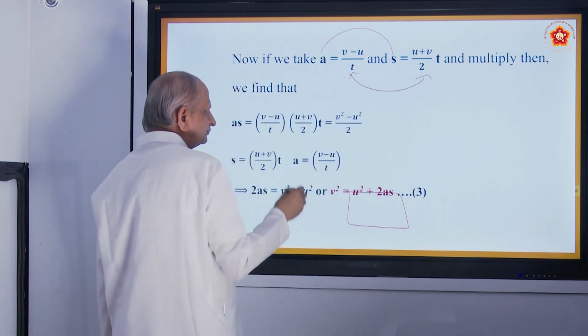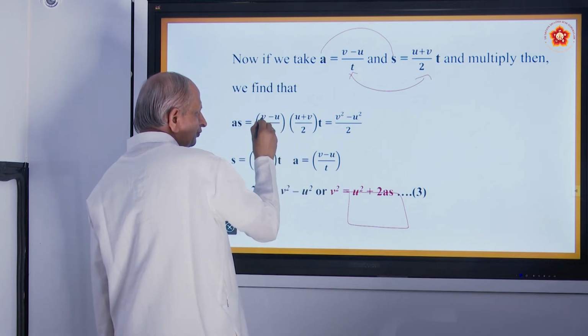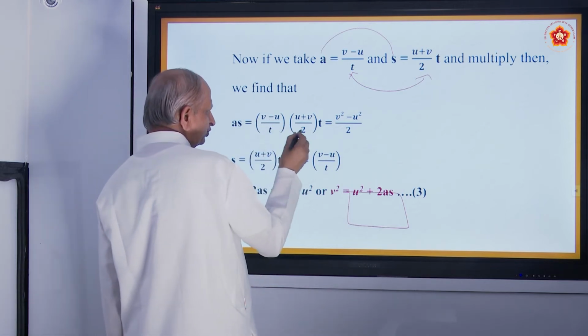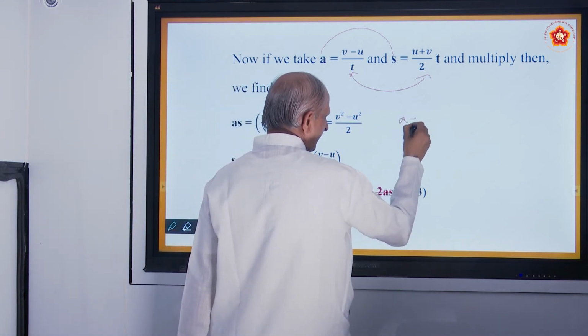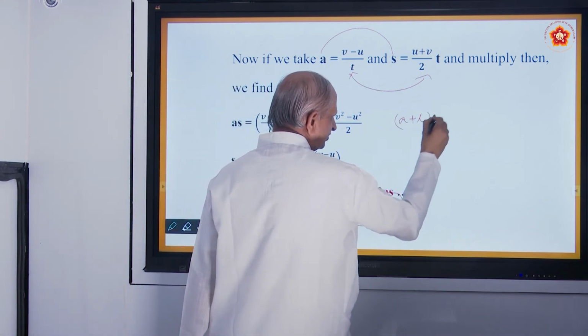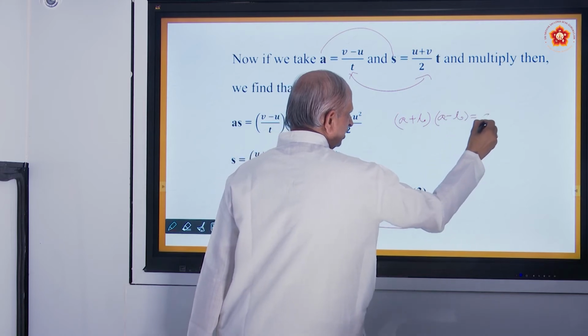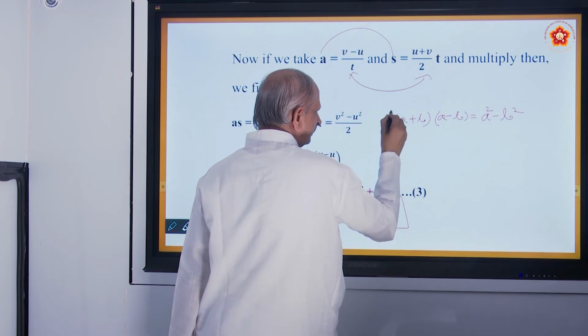This is the right hand side. So v plus u by 2, v minus u by t. So when you multiply these two, use the formula. What is the formula? In algebra you have studied, a plus b into a minus b is equal to a square minus b square. That is the formula.